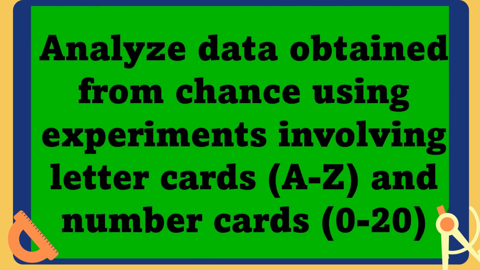Ngayon naman, let us analyze data obtained from chance using experiments involving letter cards, or from A to Z, and number cards from 0 to 20. So, ang probability ay pwede rin gamitin sa letters at numbers.